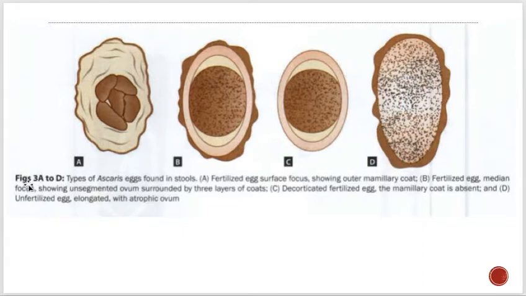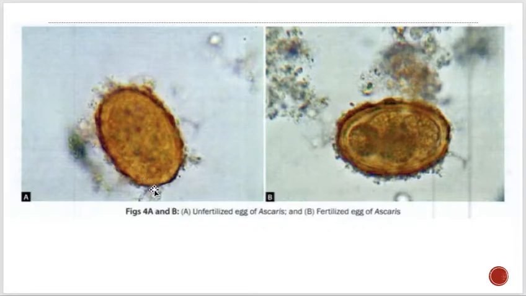So this is how the eggs look, and again I will show you the eggs. See, unfertilized egg and a fertilized egg, right? This is how they are seen. You can see the fertilized egg here. They are round or oval in shape, and basically they are always bile stained.